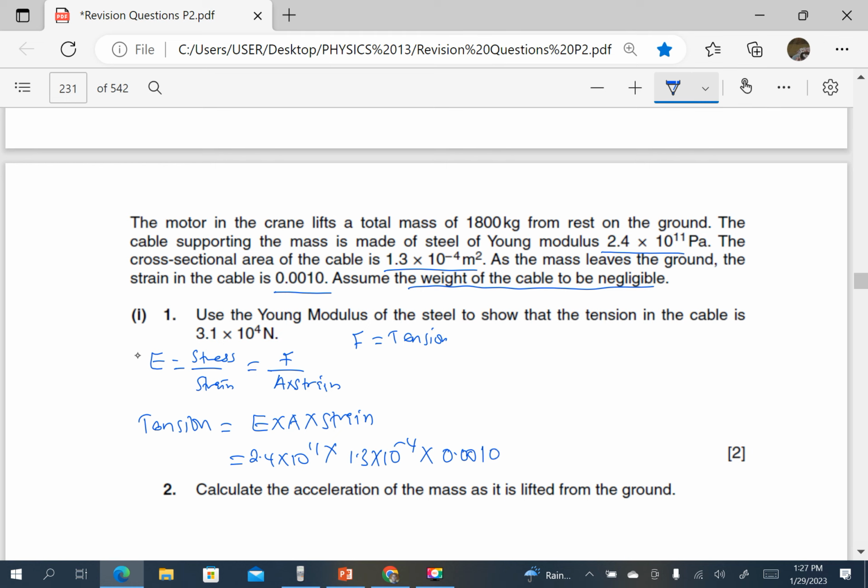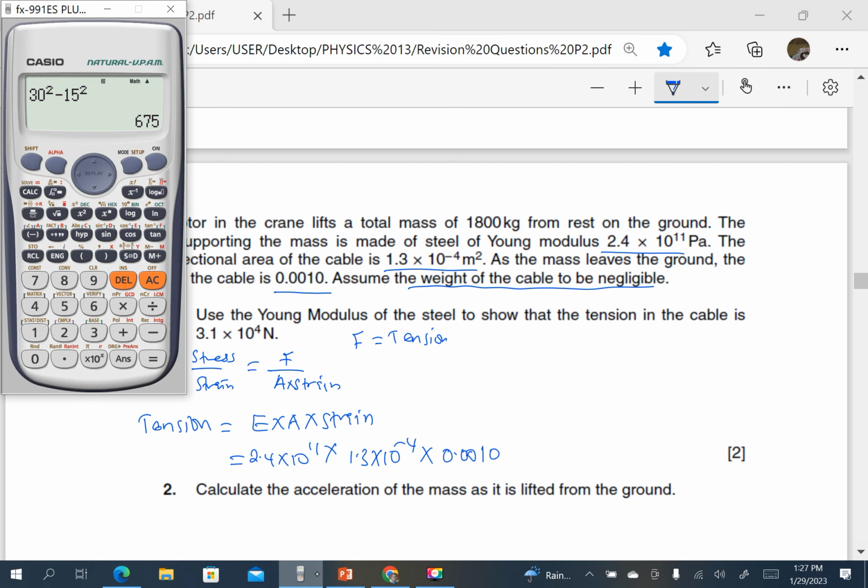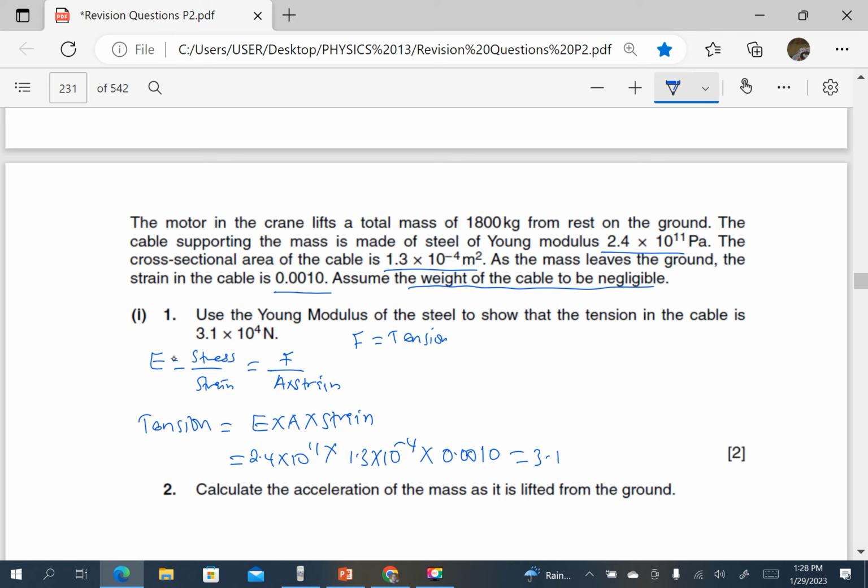We can check by our calculator: 2.4 exponent 11 times 1.3 exponent negative 4 times 0.001. So that is 3.12 times 10 power 4, which is approximately 3.1 times 10 power 4 as required.